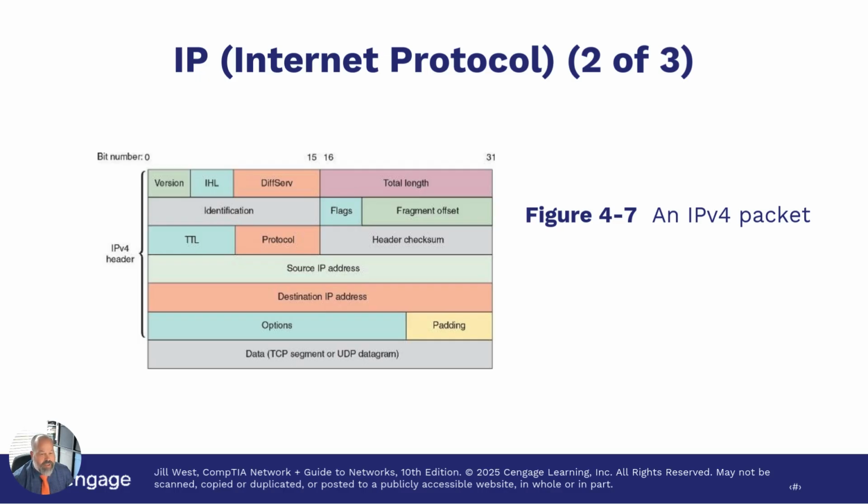TTL is like a packet's expiration date. It prevents packets from wandering the internet forever like digital zombies. The data section there at the bottom carries either a TCP segment or a UDP datagram. And that area is kind of like the VIP section for information that's actually useful.